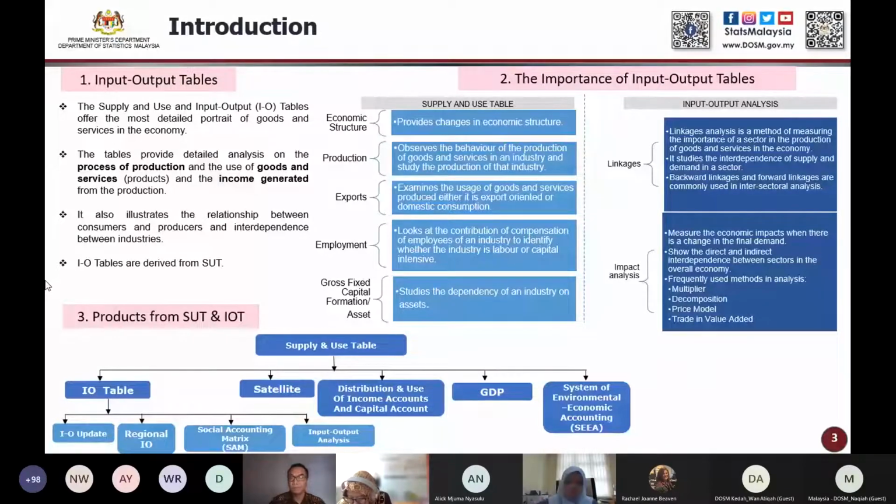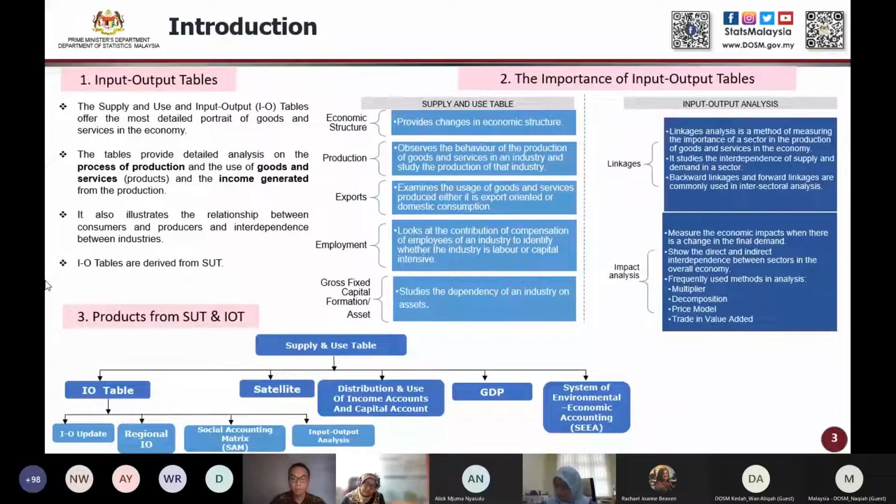For the products from SUT and IOT, as we know, SUT is the mainframe for producing the IO table and satellite accounts, distribution and use of income, and capital account, GDP, and also environmental economic accounting.